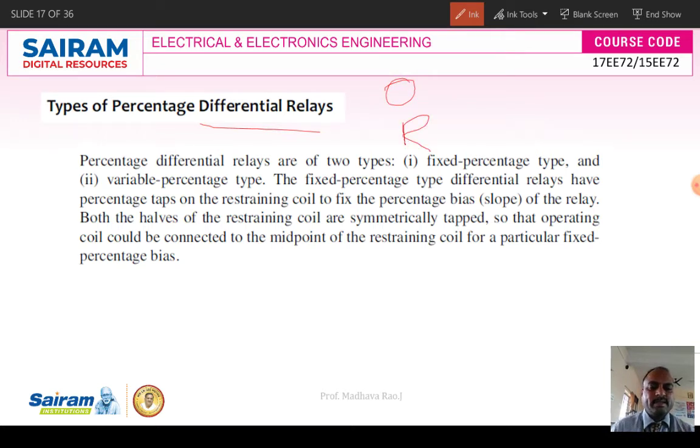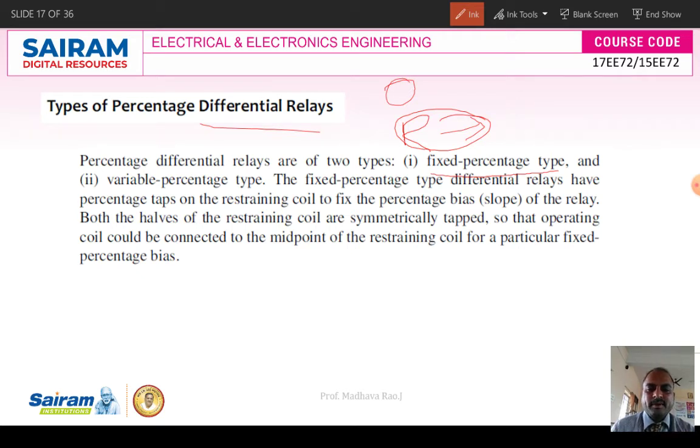In fixed percentage type, the differential relay has percentage taps on the restraining coil to fix the percentage bias. So here the restraining coil will have different tappings.